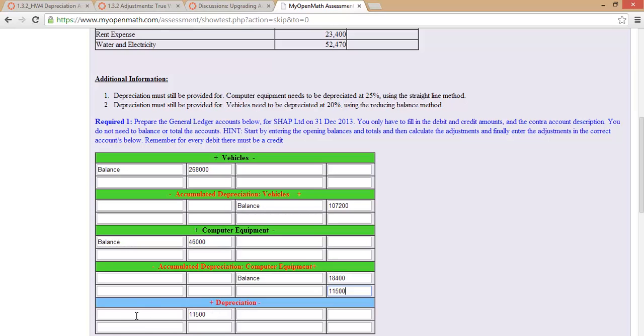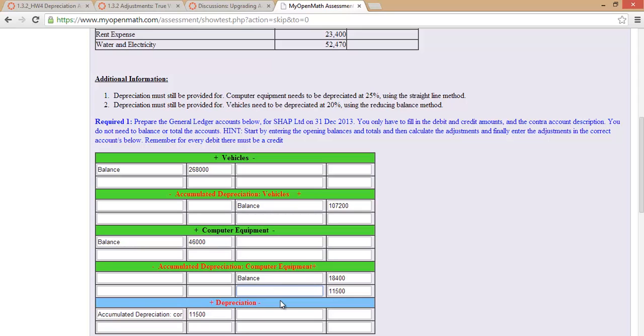Remember, you can never write the name of the account in the detail of the account, so I can't write here depreciation. I need to refer to the other account, which is accumulated depreciation on computer equipment.